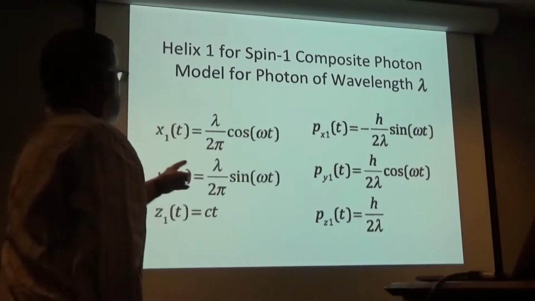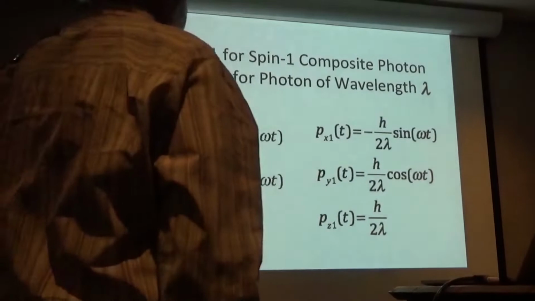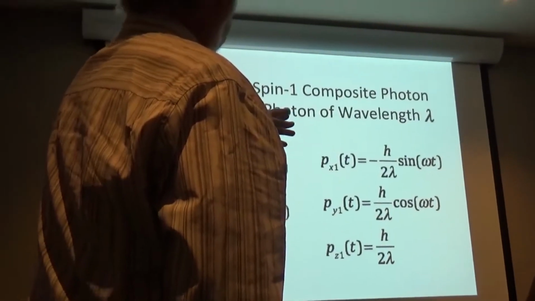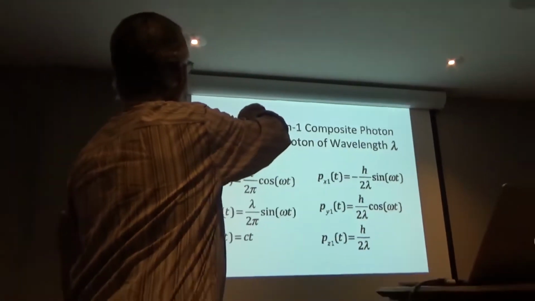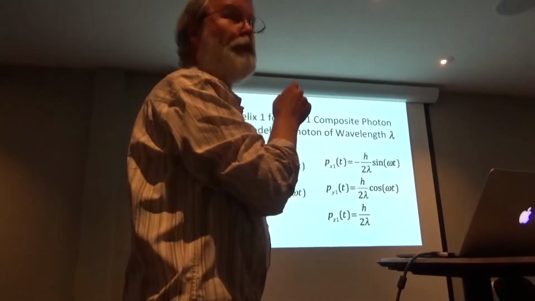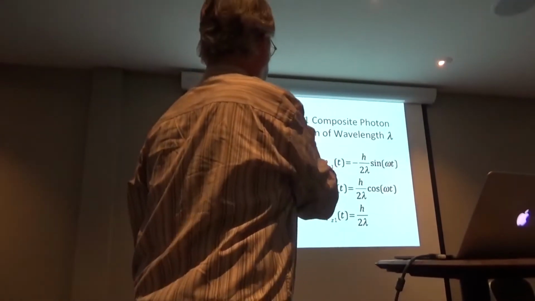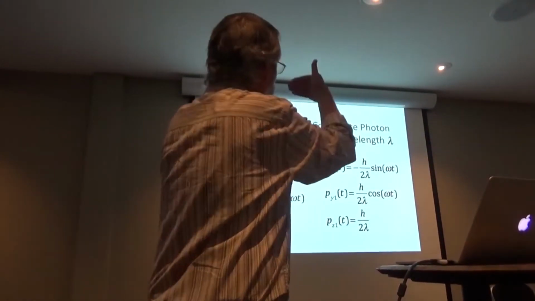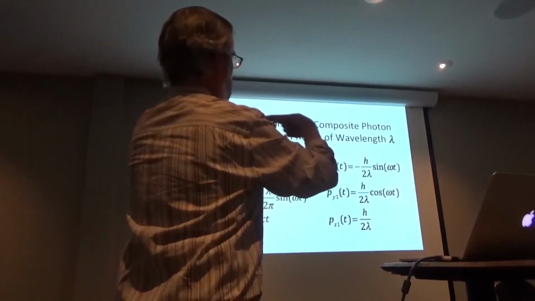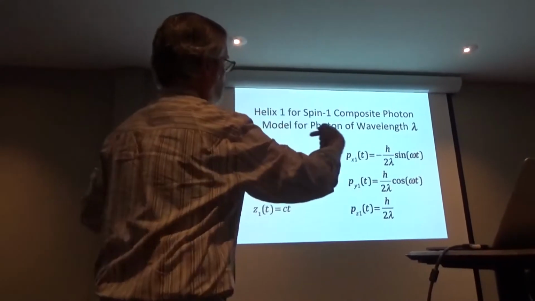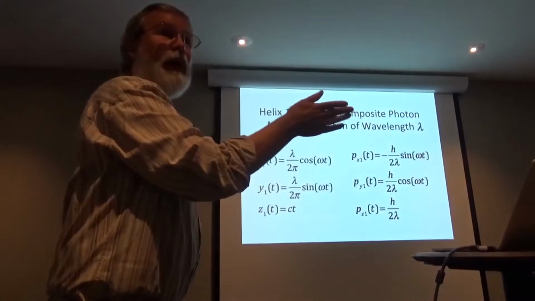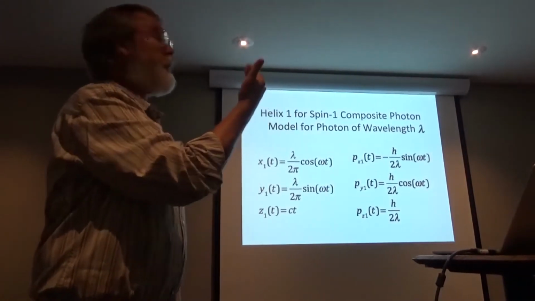The momentum, transverse components, h over 2 lambda, h over 2 lambda. Okay. These are the half photons. So each one contains half of the momentum of a full photon. Also, in its transverse direction, it contains half the momentum. These particles are moving at 45 degrees, so it turns out that the longitudinal component of the momentum is equal to the transverse component.